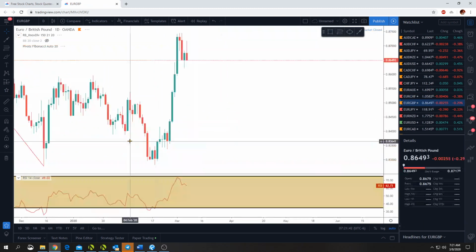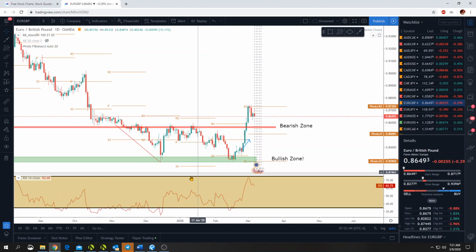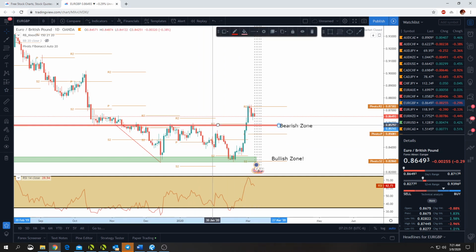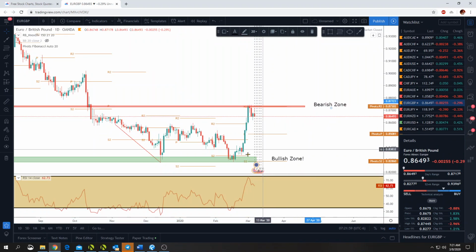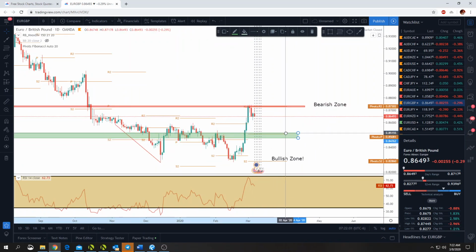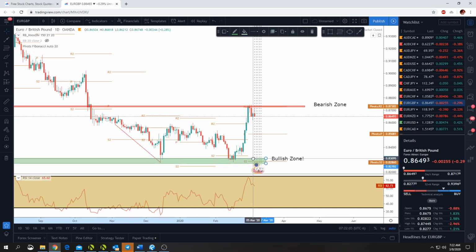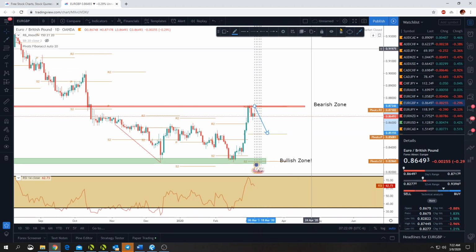All right, Euro GBP. Like I said, Euro had some strength last week. I'm not bearish unless we hit R2 again, which we had this almost attempt at a double top. I like where we had our bullish, but I kind of like this pair back down to that pivot.